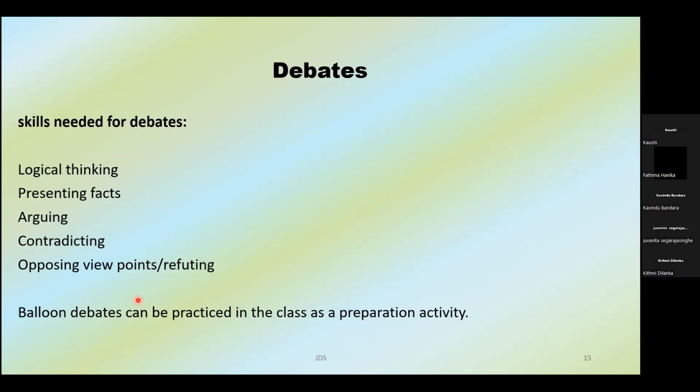Balloon debate means in a hot air balloon, you find 5 or 6 characters traveling. It can be a politician, a doctor, a teacher, an engineer, any person. You have to just think of imaginary characters flying in a hot air balloon.